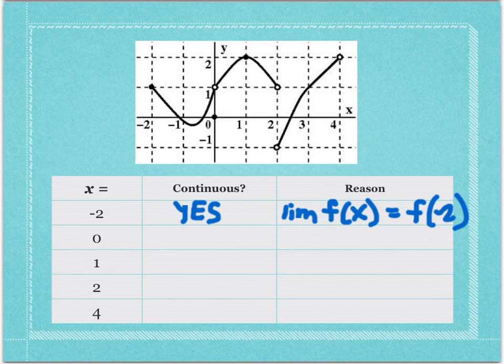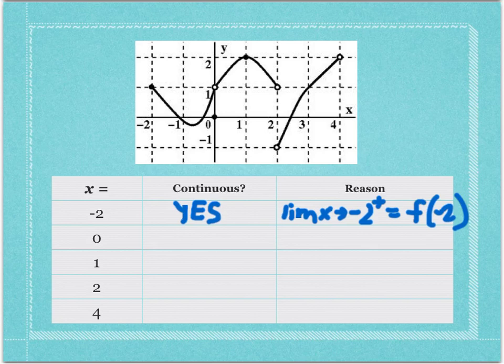In other words, the value of that function. I'm going to say the limit as x approaches -2 from the right, because that's what it's doing, approaching -2 from the right, is the same as the value of that function. I can change my pen thickness a little bit.